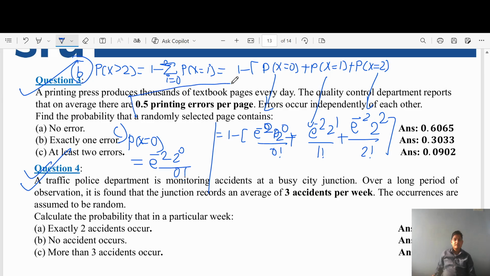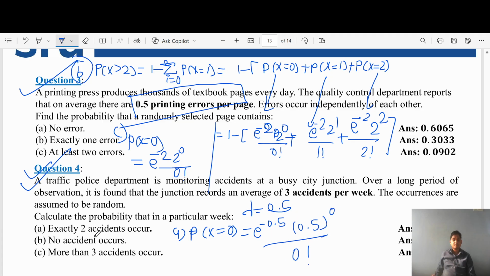So 0.5 printing errors per page means lambda is equal to 0.5. A, no error means P(X=0), so e to the power minus lambda, lambda to the power 0 upon 0 factorial. So this is the A part. Exactly one error means B is P(X=1), so e to the power minus 0.5, 0.5 to the power 1 upon 1 factorial.